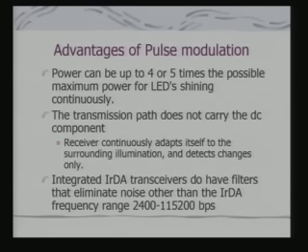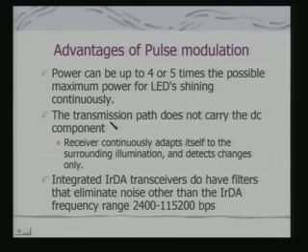And there is another interesting thing, that this power can be up to 4 or 5 times the possible maximum power for LEDs shining continuously. This scale up really is a reason for using this pulse width modulation.